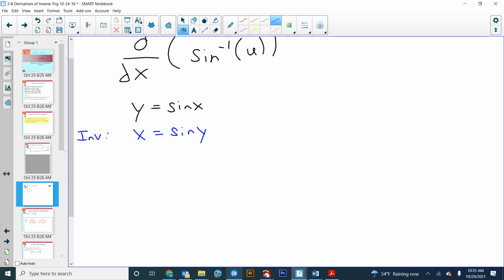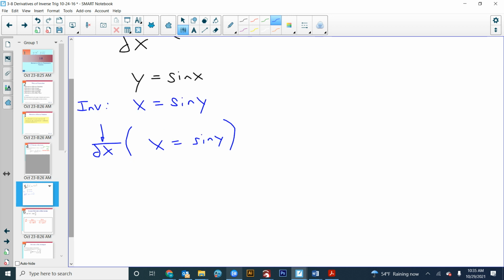I want to take the derivative of the inverse. Ready? What's the derivative of the left side with respect to x? 1. What's the derivative of sine of y? Careful.